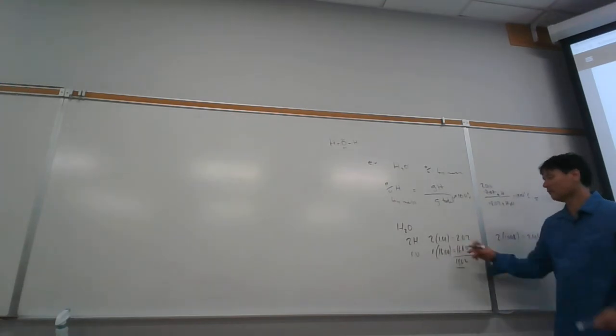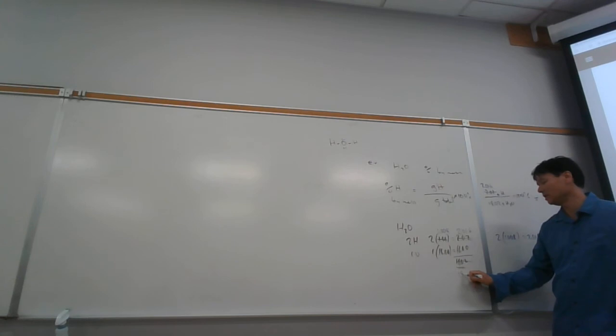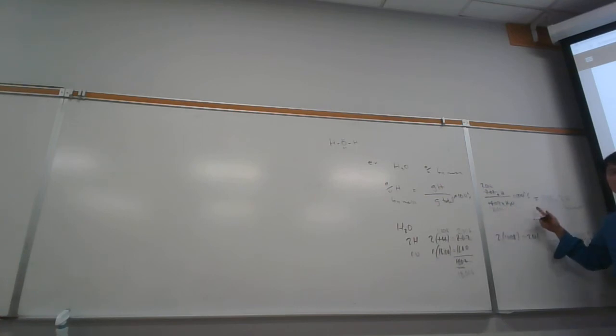For example, here, if I did 4 sig figs, 1.008, we'll change this to 2.016, which would change this to 18.016, which would change this to 18.016. You could do it that way, that's fine. But the situation is, if you do it to 3 sig figs, and you could have easily done it to 4 sig figs, it's better to have it to 4 sig figs than 3 sig figs. The more sig figs, the better.